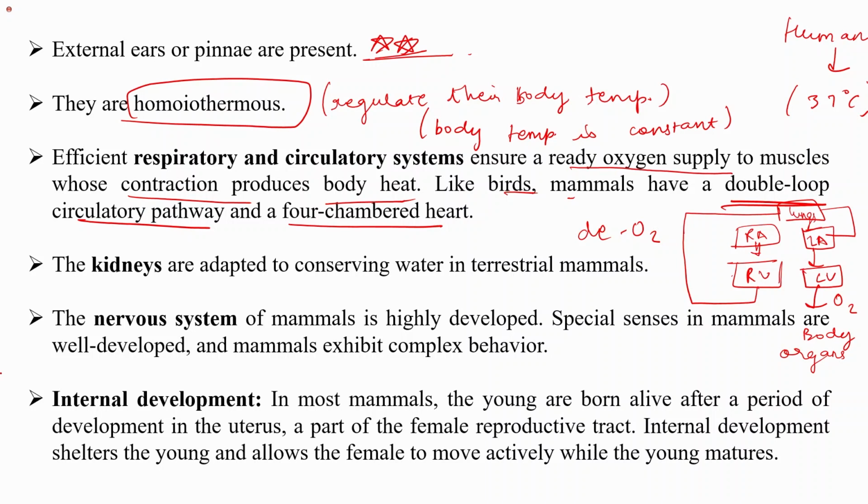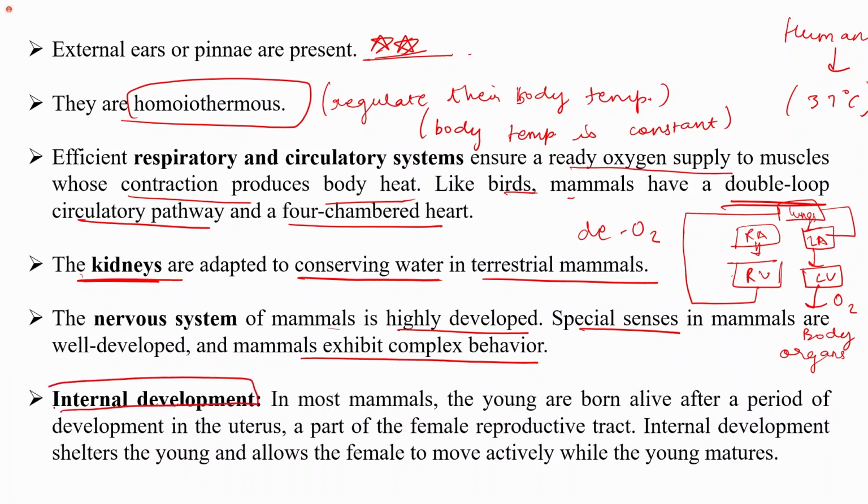The kidneys are adapted for conserving water in terrestrial mammals. The nervous system is highly developed. Special senses in mammals are well developed, and mammals exhibit complex behavior. Development is internal, which is very important.